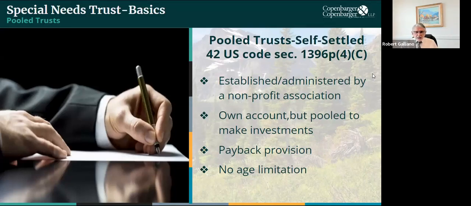Think of a pooled trust, not the same analogy, but a lot of people are used to mutual funds. With a mutual fund, you have an account, you invest money into the fund, and you own part of the fund with other people. In this example, you pool the benefits for that particular individual.